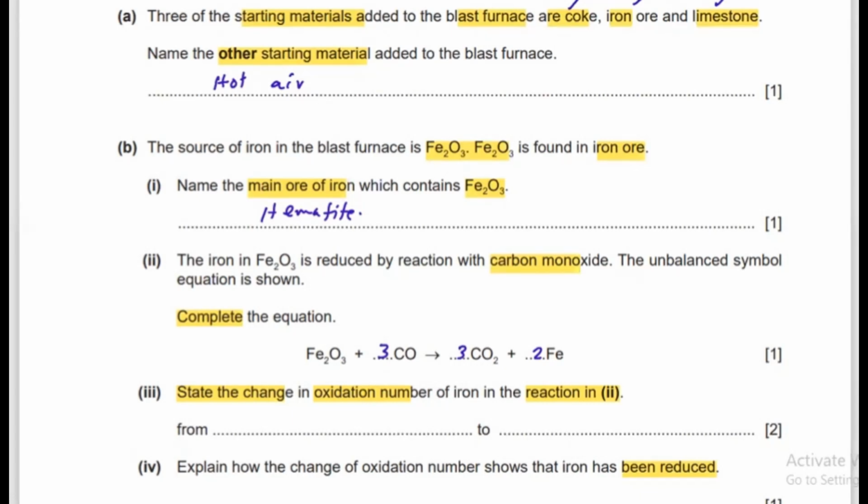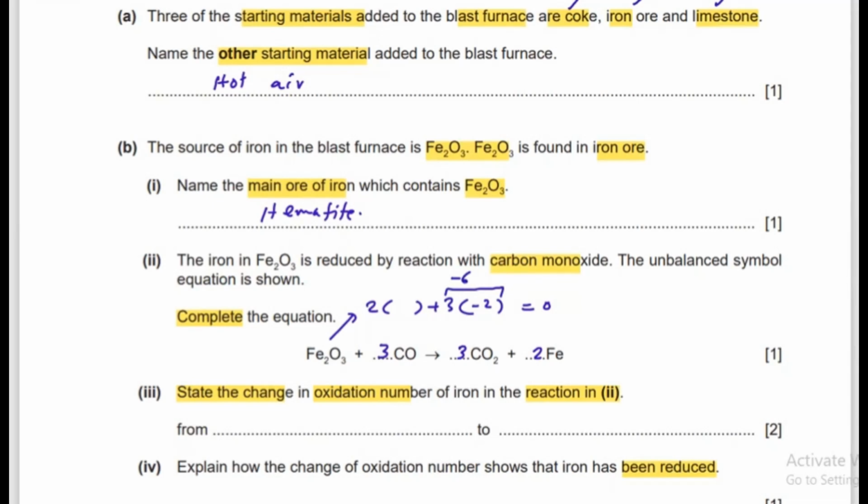State the change in oxidation number of the iron in the reaction in 2. So this iron 3 oxide, we know that the sum of oxidation states in a compound is 0. The oxygen is -2, so the sum of 3 times -2 is -6.